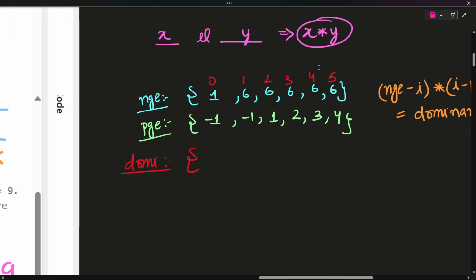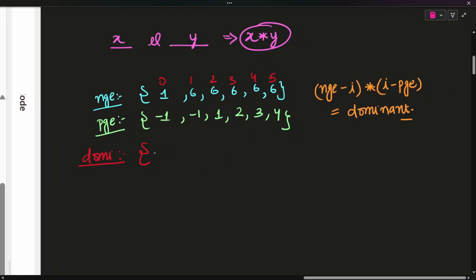So what should I be writing here? It would be NGE is 6 minus I, which is 5, into I, which is 1 minus -1, which is 2, so this will be 10. And in this case, 5 into 1, which is 5.